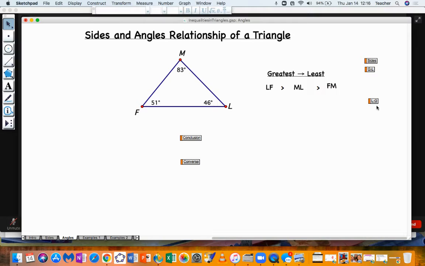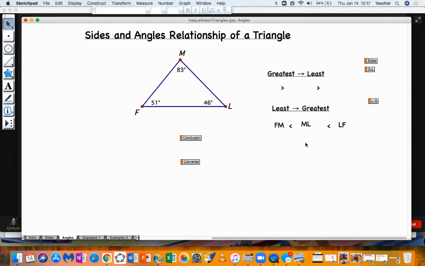Now, what if it asks it in reverse? It asks me least to greatest. And you see if it asks least to greatest, my inequality statement is going to have my less than symbols. So if it asks least to greatest, I'm starting with the smallest angle, which is 46, and I'm starting with FM. So basically, these are going to switch, and ML is going to stay the same.